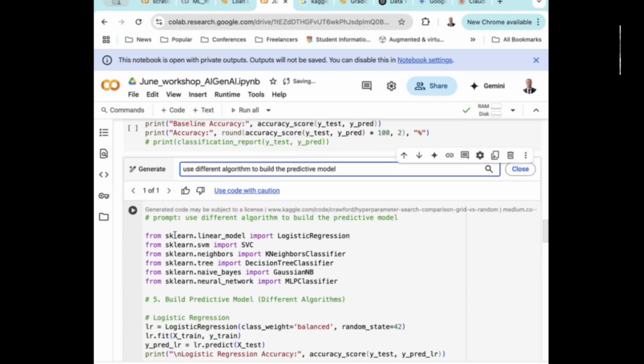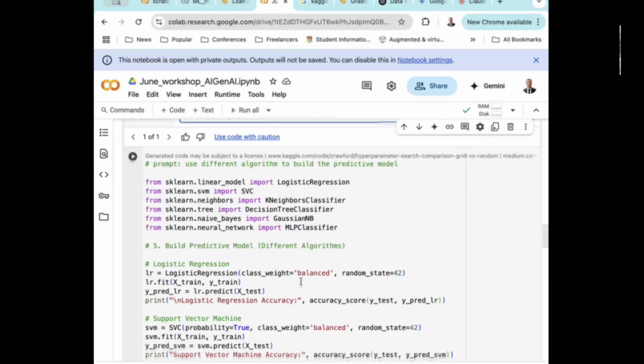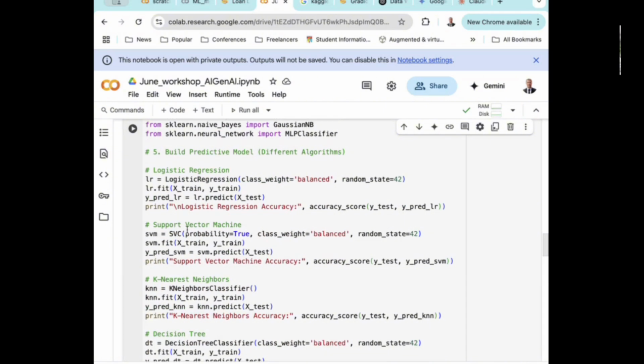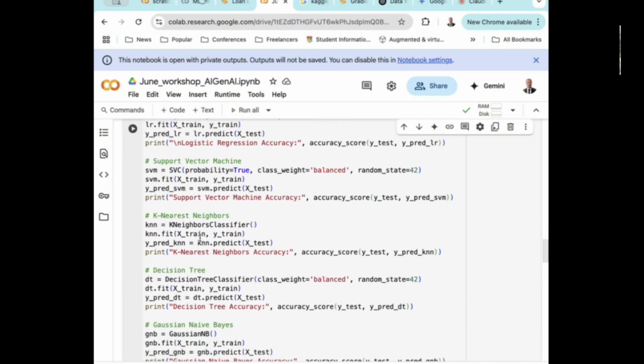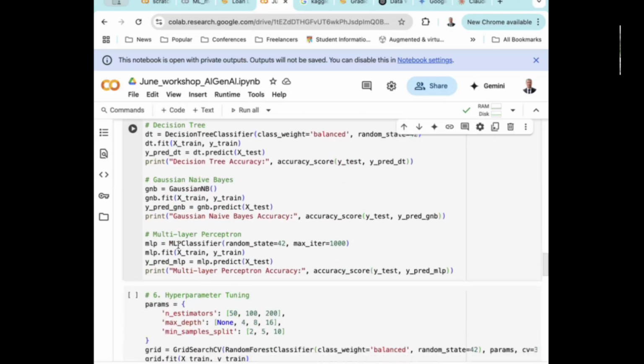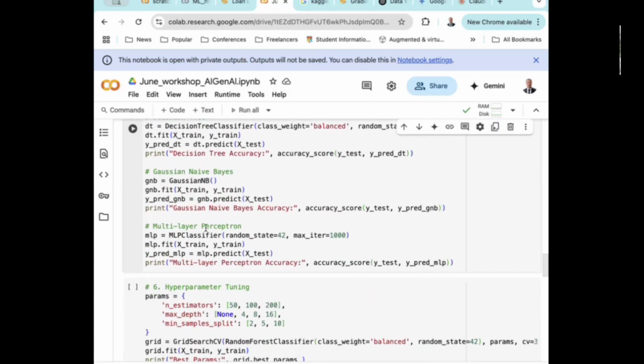You can see now logistic regression, k-nearest neighbor, decision tree, Gaussian naive Bayes, and then support vector machine, and the multi-layer perceptron.